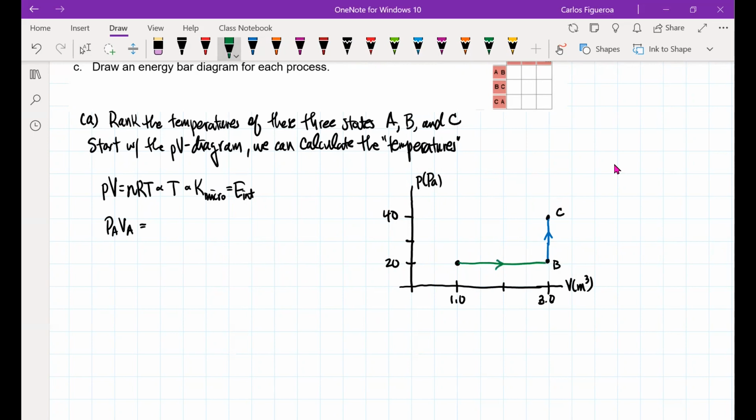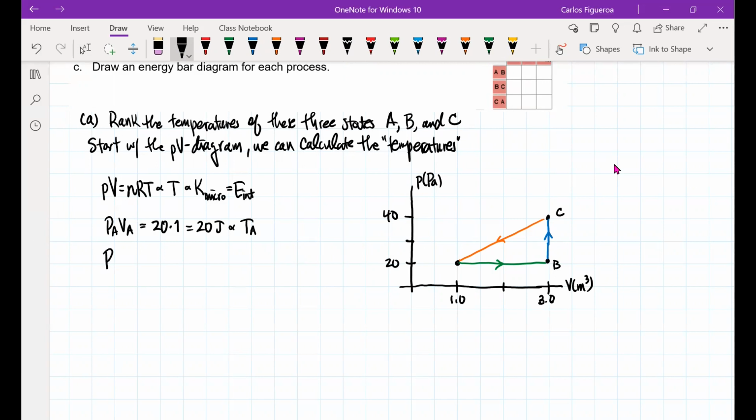Let me recorrect my graph here. So now it looks like that. Then if I look at my A value, it's going to be 20 times 1, which is equal to 20 joules, but that's proportional to the temperature of A.